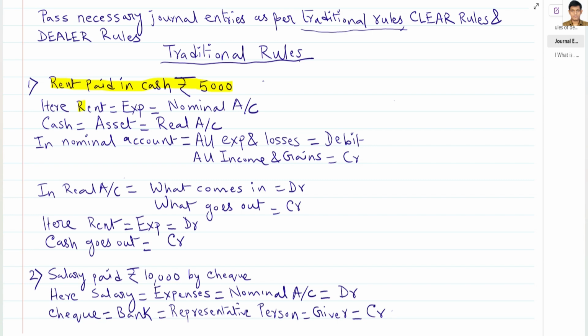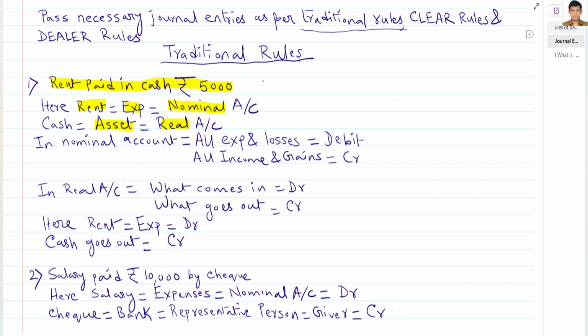So rent paid is an expense, and we all know as per the traditional rules that any expenses and losses are nominal accounts. So rent paid is an expense and it will go to nominal account, and cash and all other assets are real account. Cash is an asset, so it will go to the real account.